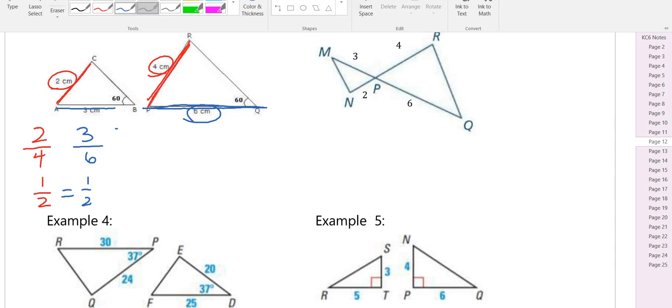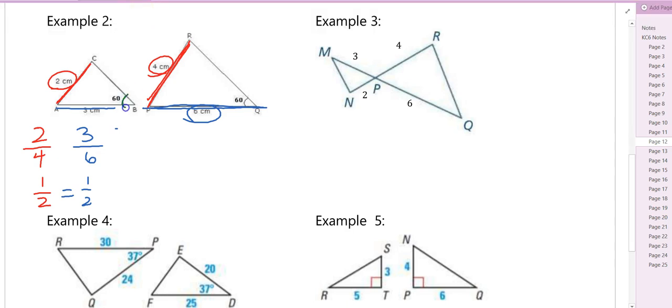And then we look at my angle. Well, I do see that angle B is 60, and I see angle Q is 60, but that's not the angle that's in between both of the sides.